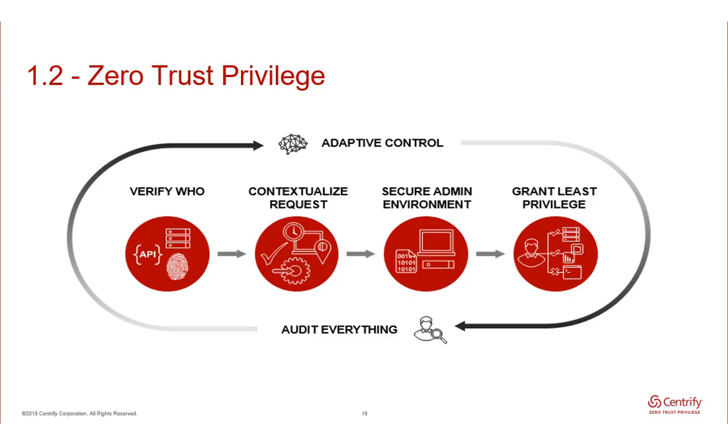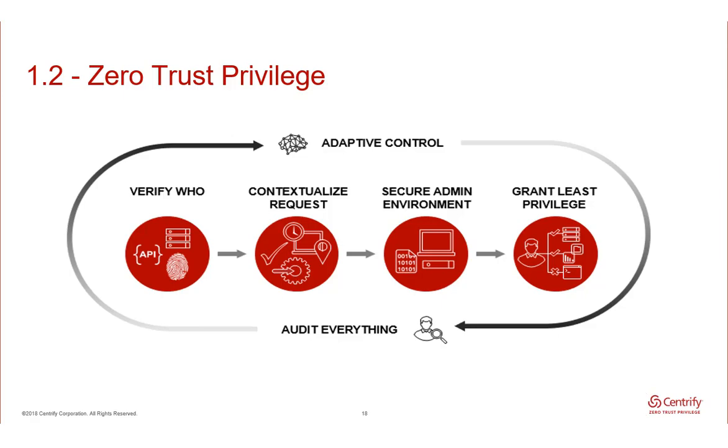Now, to achieve zero trust, organizations must throw away the old model of trust but verify, which relied on well-defined boundaries. Zero trust mandates a never trust, always verify, and enforce least privilege approach to privilege access from inside or outside the network.